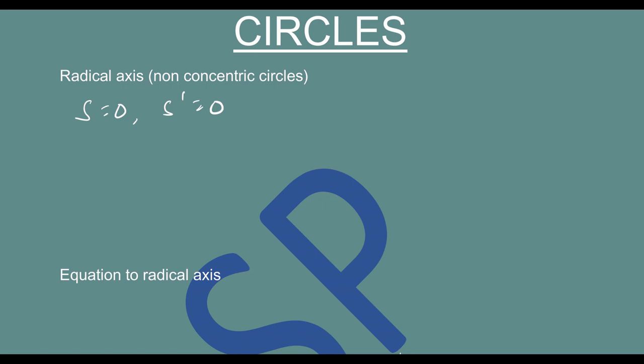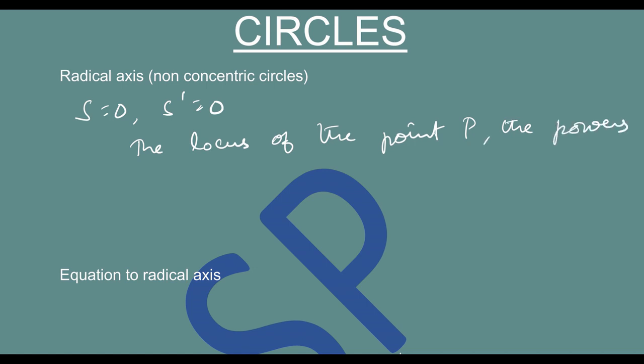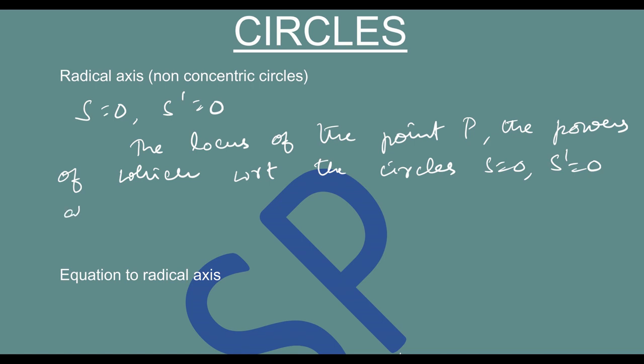Radical axis of these two circles is defined as the locus of the point P, the powers of which with respect to the circles S equal to 0, S dash equal to 0 are equal.